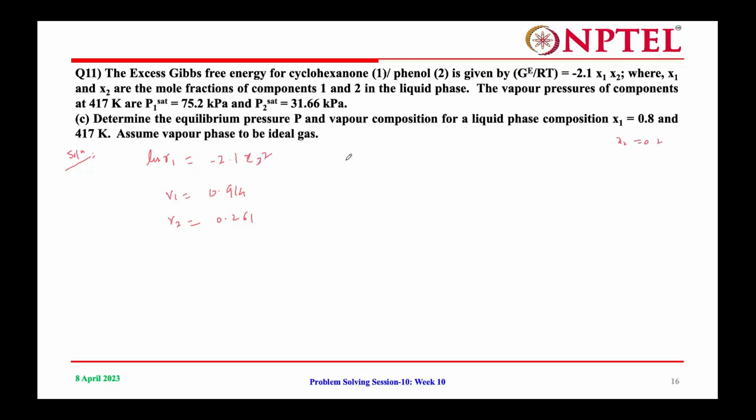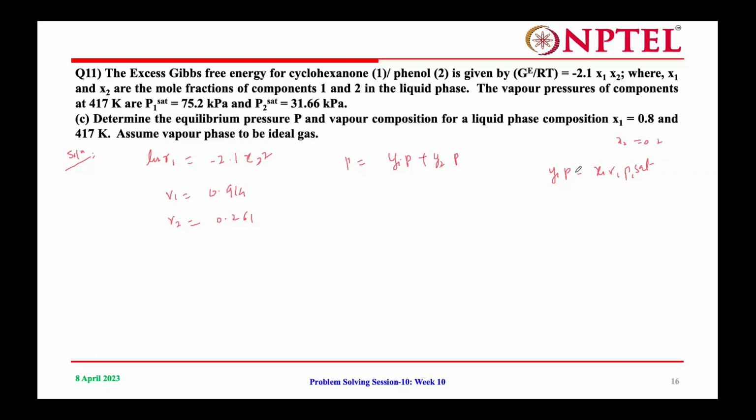Now total pressure equals the sum of the partial pressures, right? We know the relation y1 P equals x1 gamma 1 p1 sat.